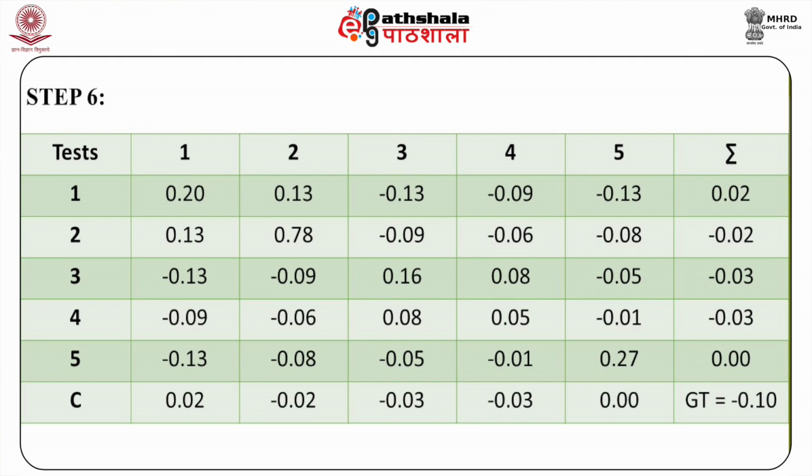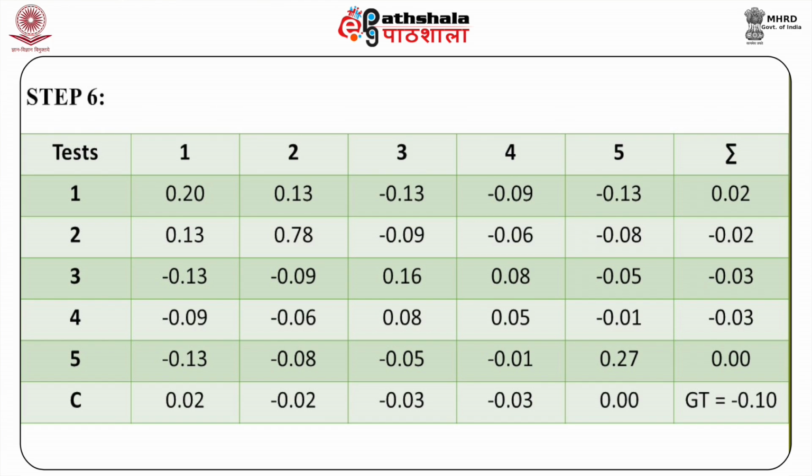0.13 plus 0.78 plus minus 0.09 plus minus 0.06 plus minus 0.08 is equal to minus 0.02. For the third test, minus 0.13 minus 0.09 plus 0.16 plus 0.08 minus 0.05, making the sum minus 0.03.